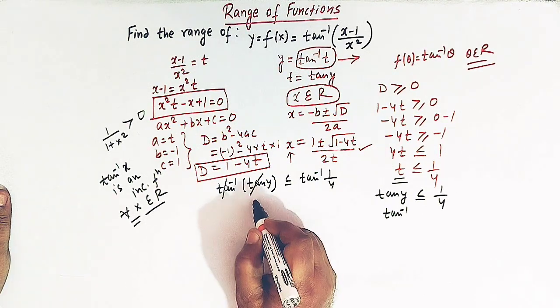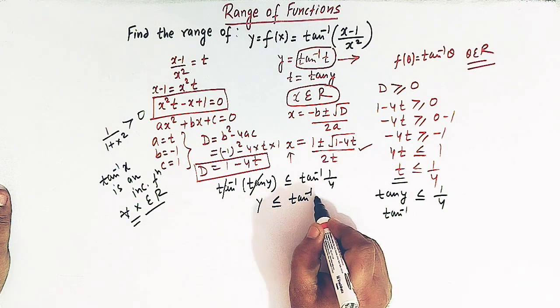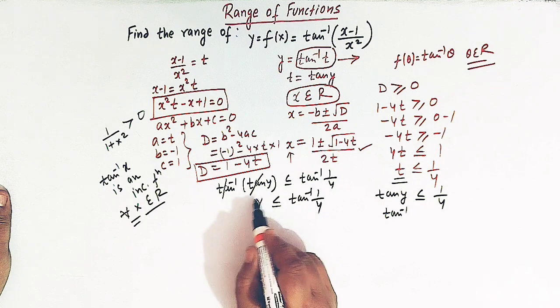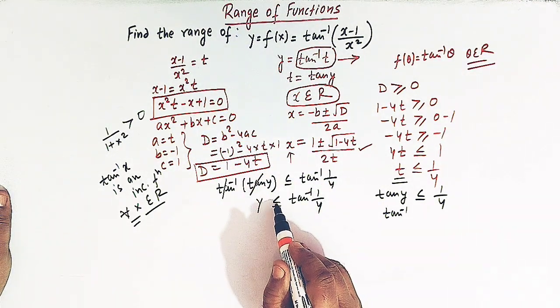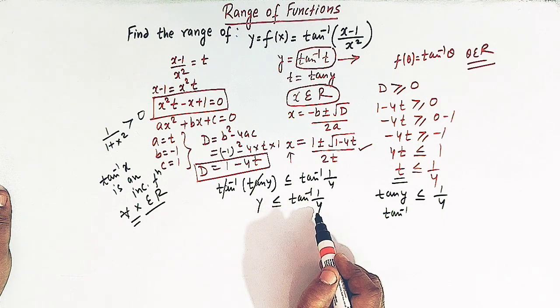So from here we get y, and here we have tan inverse 1 over 4, right? So the value of y is always less than or equal to tan inverse 1 over 4.